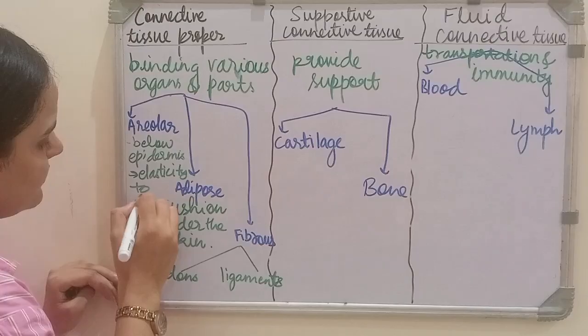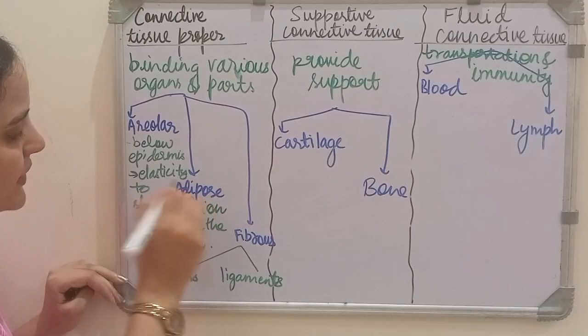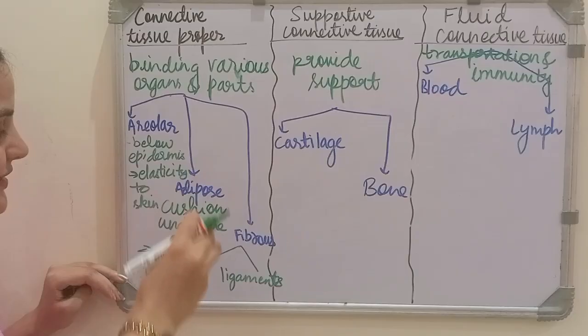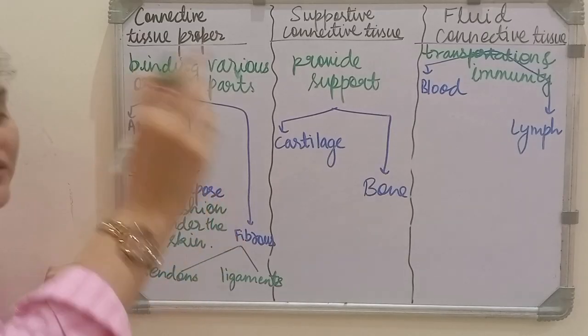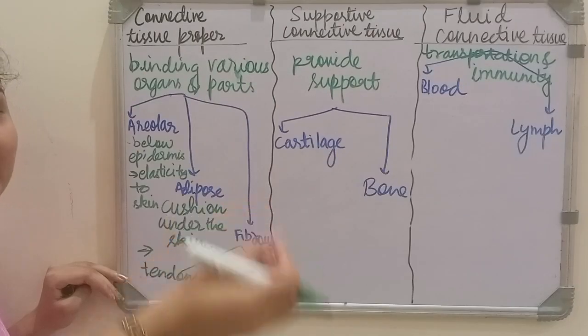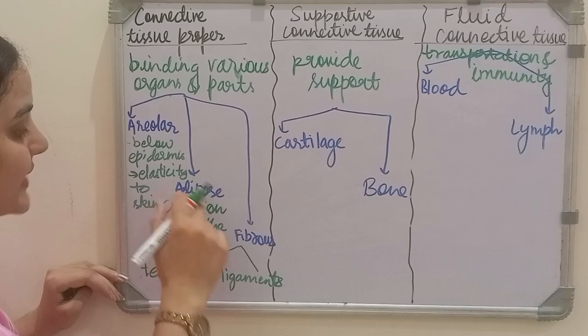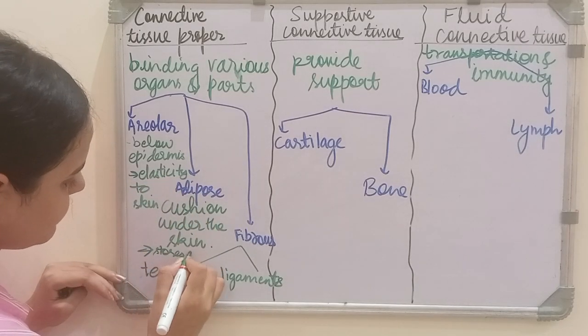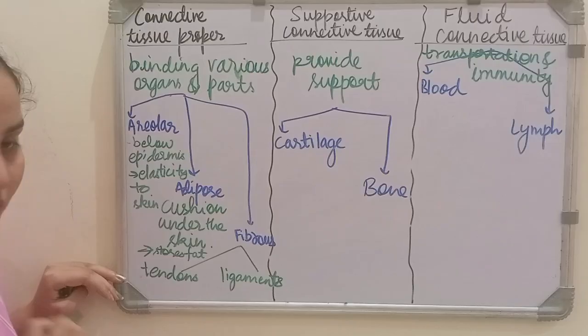Adipose connective tissue provides protection against jerks, and another function is that it stores fat. Fibrous connective tissue consists of tendons and ligaments.